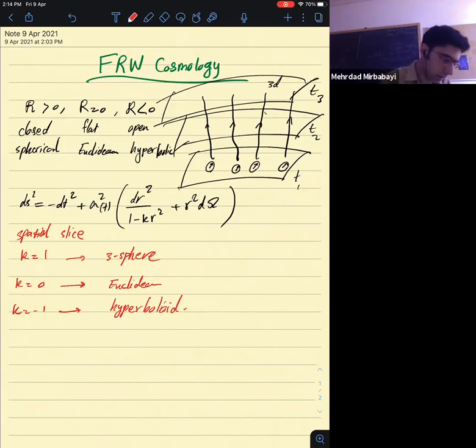So what I did was that I considered these metrics which have curvature lengths equal to 1 in the case of 3-sphere and hyperbola. Of course, I can do that by a redefinition of the scale factor and this R variable. So the physical curvature of these slices will change in time, but that change is just a rescaling that is captured by the scale factor. So this is the form of the metric.